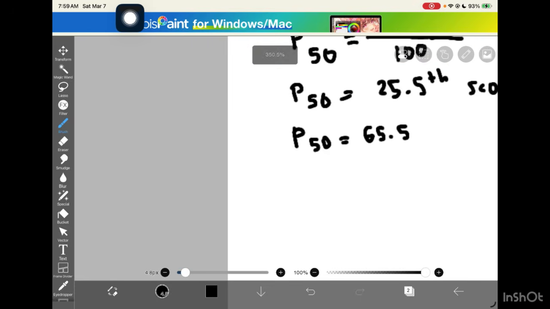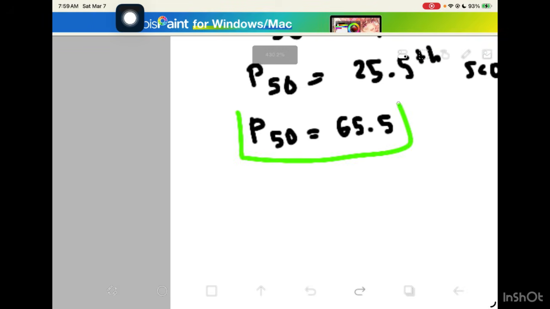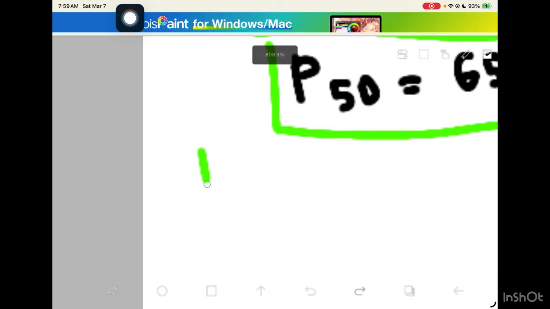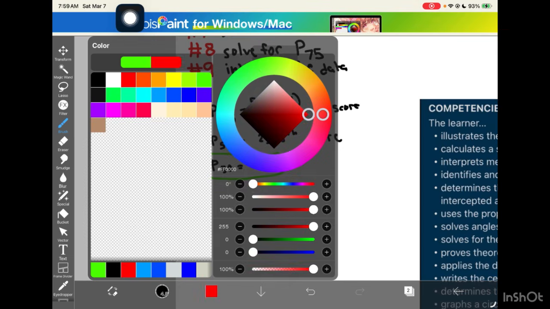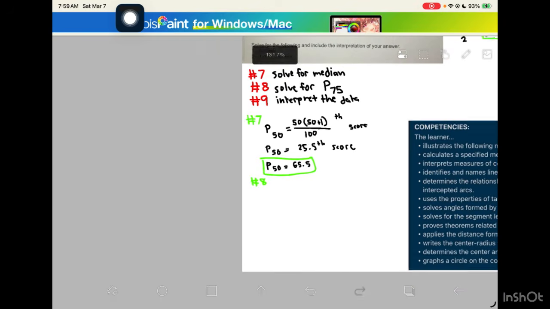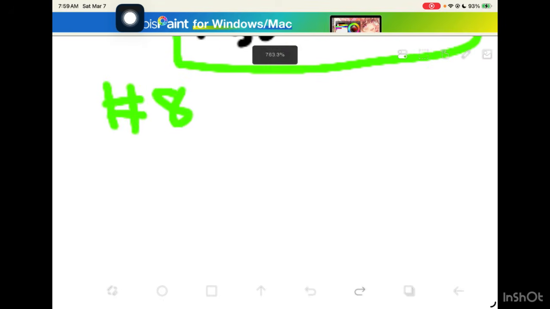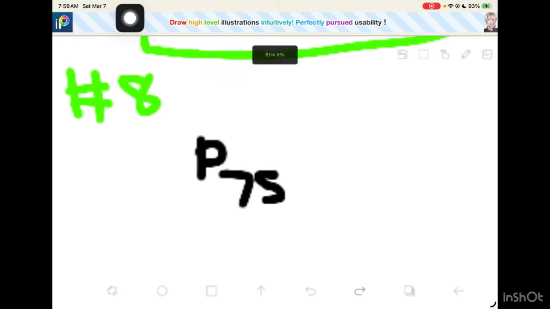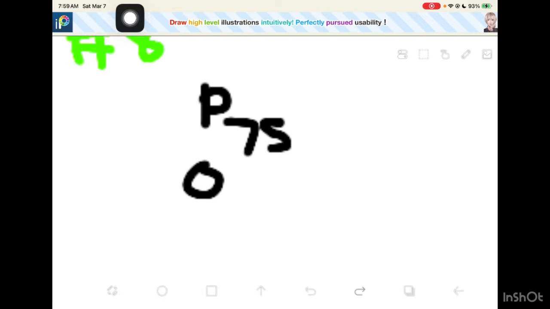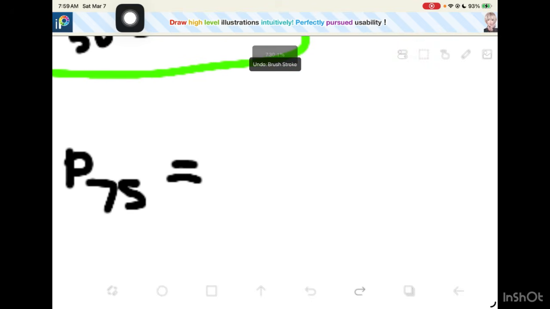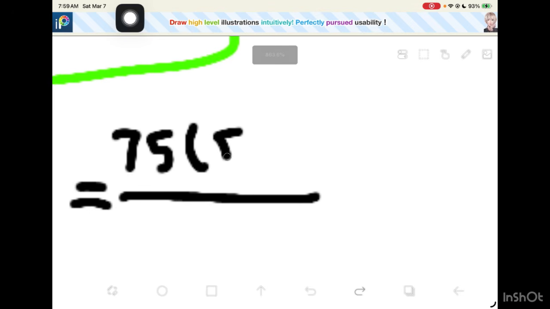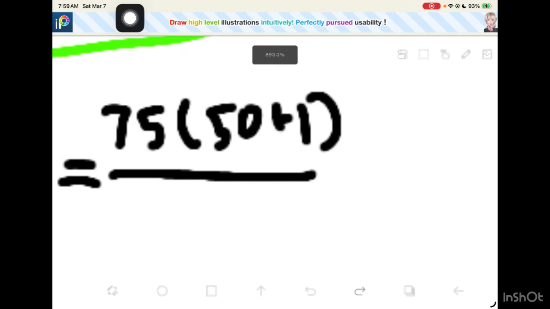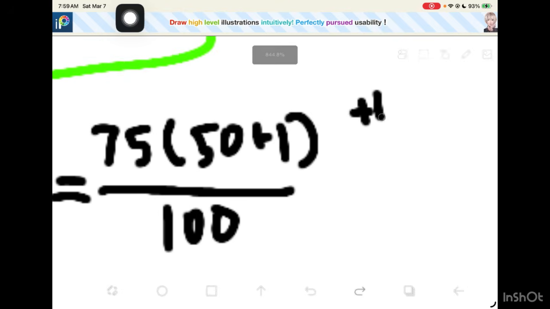Then next, number 8. Number 8, we have to find the 75th percentile. So P of 75, or you can actually also do Q3, because that's equal. P of 75 is equal to 75 times 50 plus 1 all over 100th score.